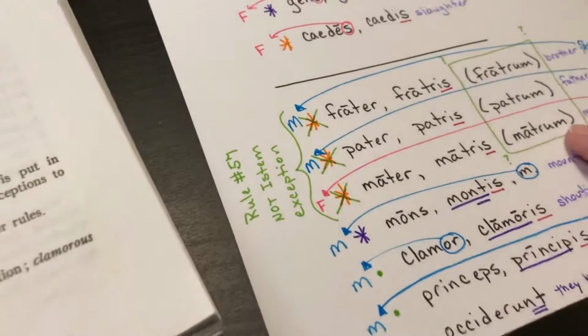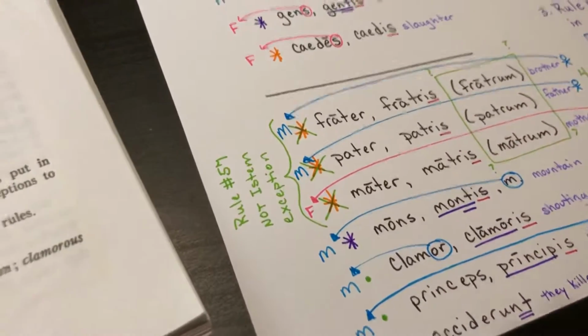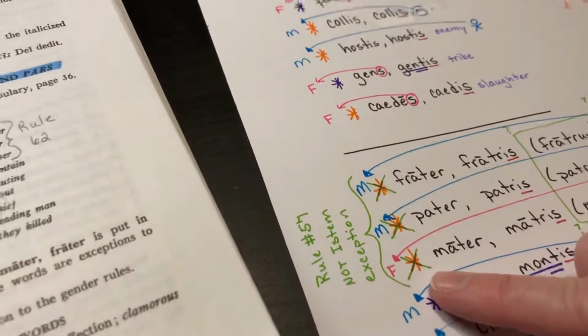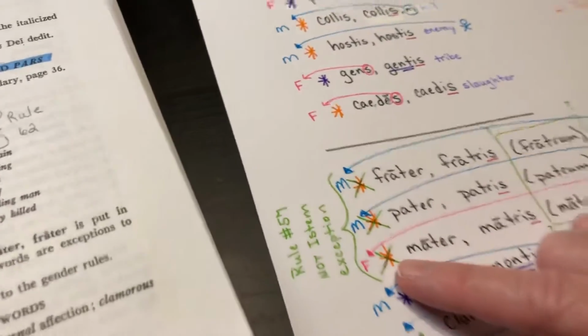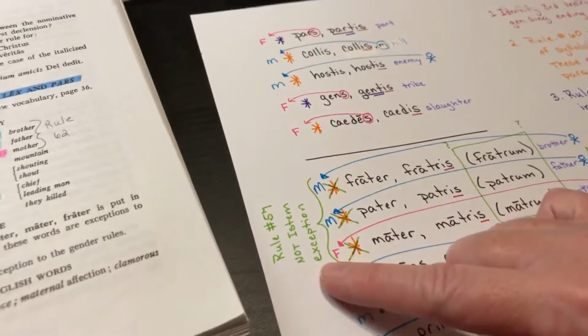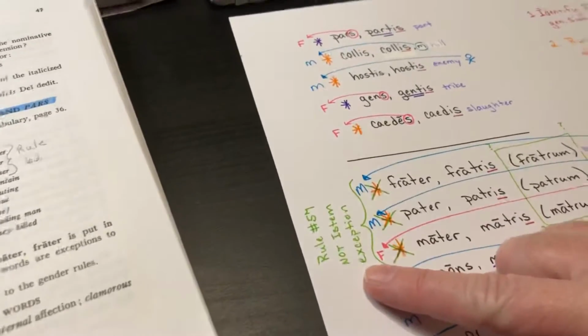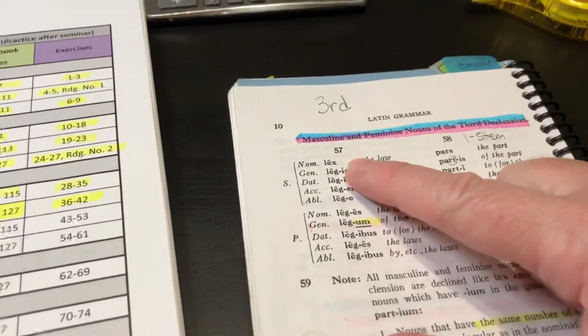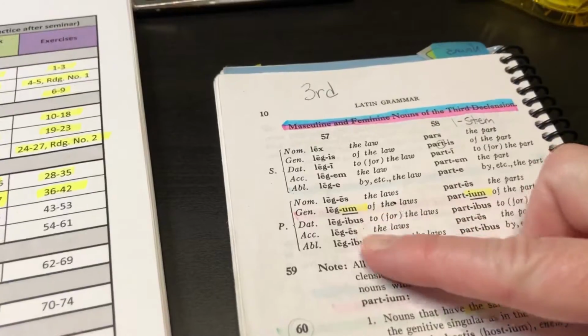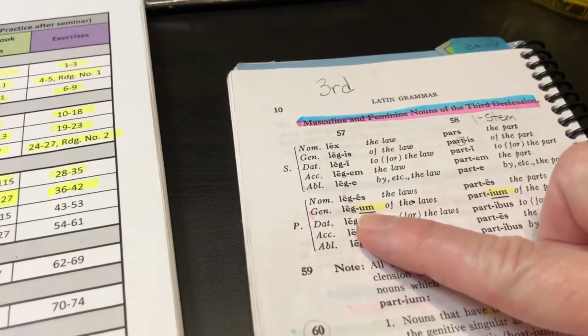So we took our green marker, which is going to identify just our regular third declension nouns, and we crossed out the orange star, and I wrote over here, these are an exception, they are not I stem, they will follow rule 57, which is your standard third declension endings. We will not put the I in our genitive plural.